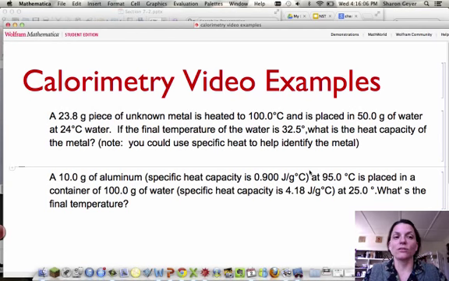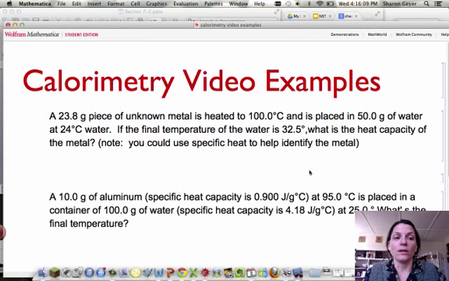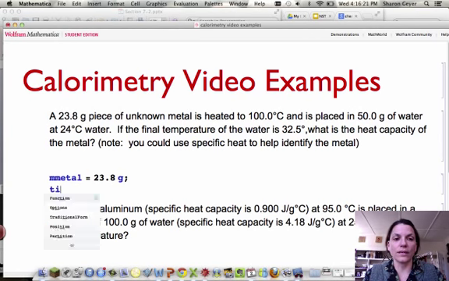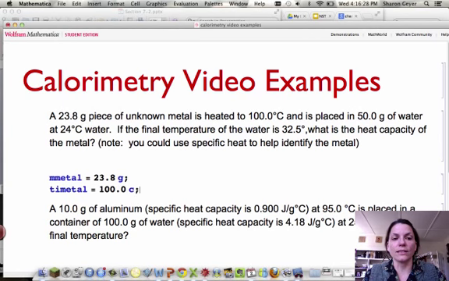All right, so first thing I'm going to do is just list out what we know. We know the mass of the metal is 23.8. We also know that the initial temperature of the metal, Ti of the metal, is equal to 100. And I'm just going to use a lowercase c here.